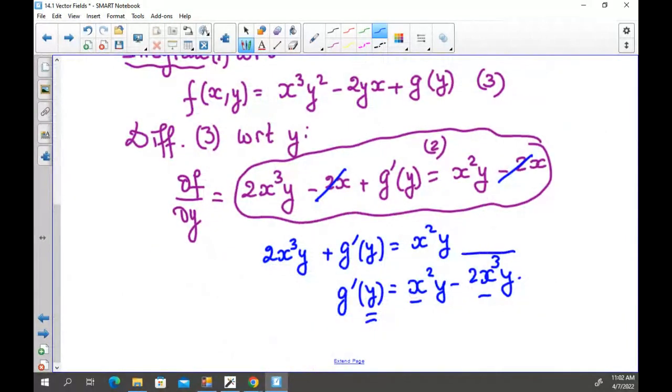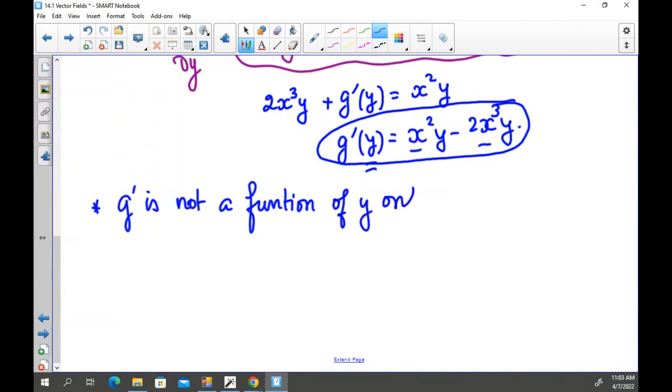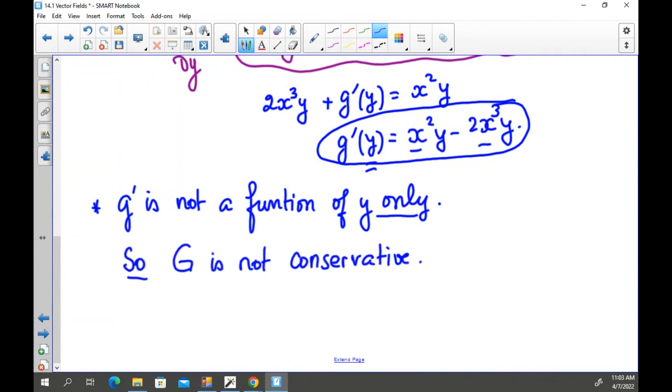Because there is x and y, g dash is not a function of y only. So g is not conservative. That means it has no potential. There is no potential.